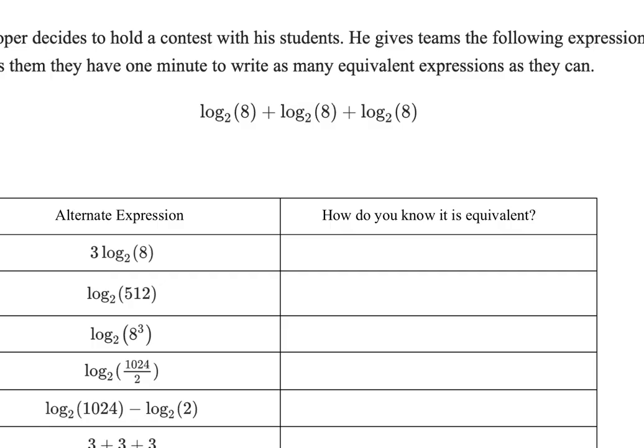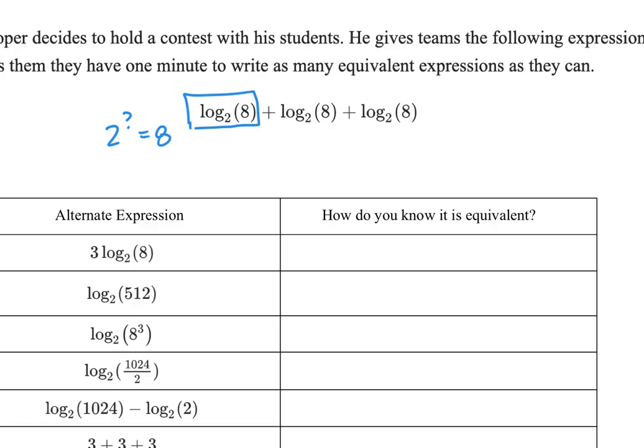You'll notice that it's log base 2 of 8 plus log base 2 of 8 plus log base 2 of 8. So before I get into how do I know things are equivalent, I do want to ask myself, do I know what log base 2 of 8 is? So if I look here at log base 2 of 8 and I use that whole definition of logarithms, and I write this as 2 to some given exponent equals 8, I know that 2 to the third equals 8.